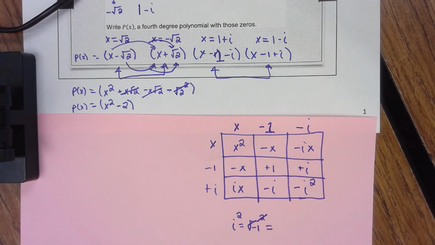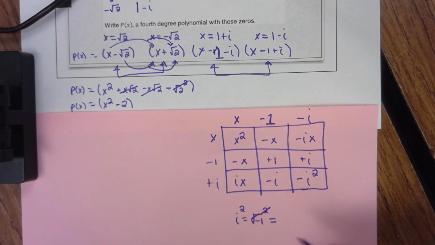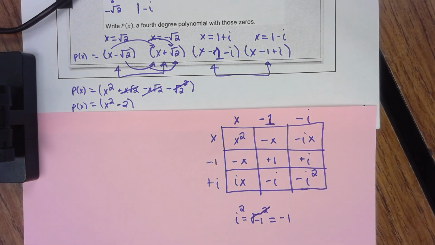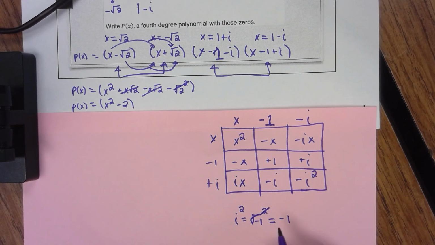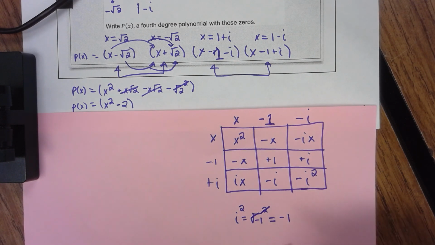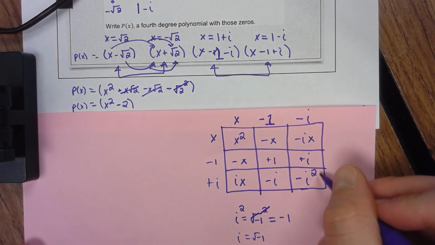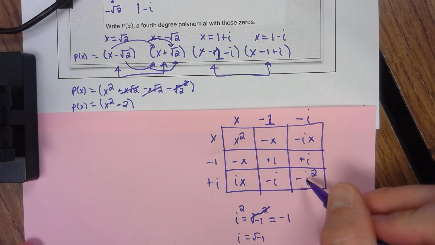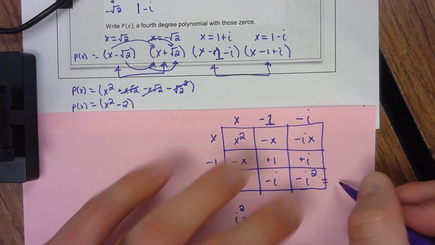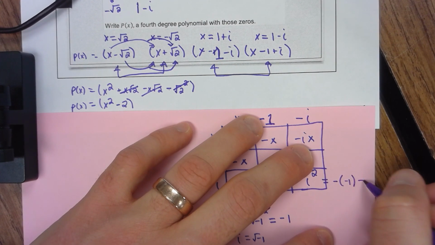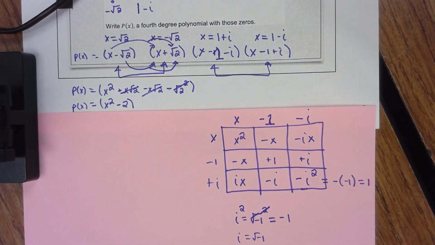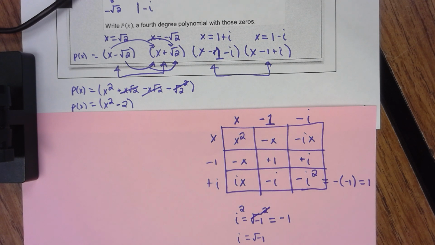So what this tells me is that i squared is equal to just negative 1. That's not something I've done enough to memorize, but if you just remember that i equals root negative 1, you can figure this out by squaring both sides, and you get negative 1. So this is really negative times negative 1, which is positive 1. At least that bottom right square is.